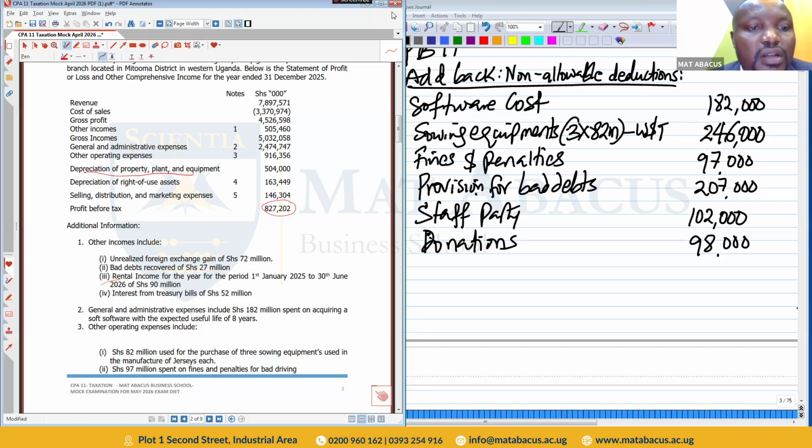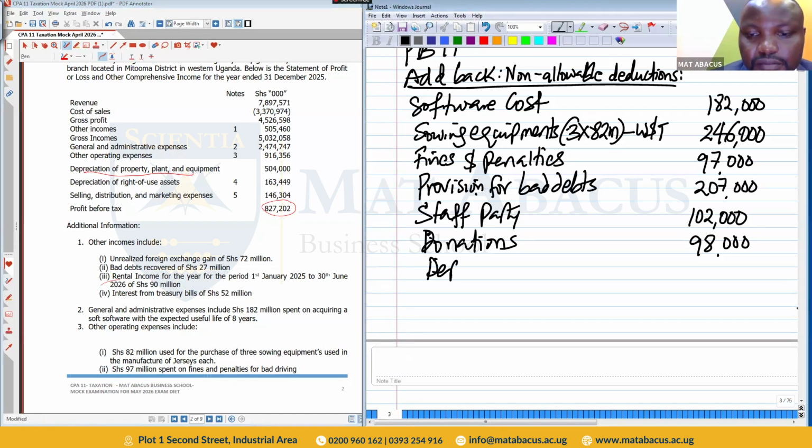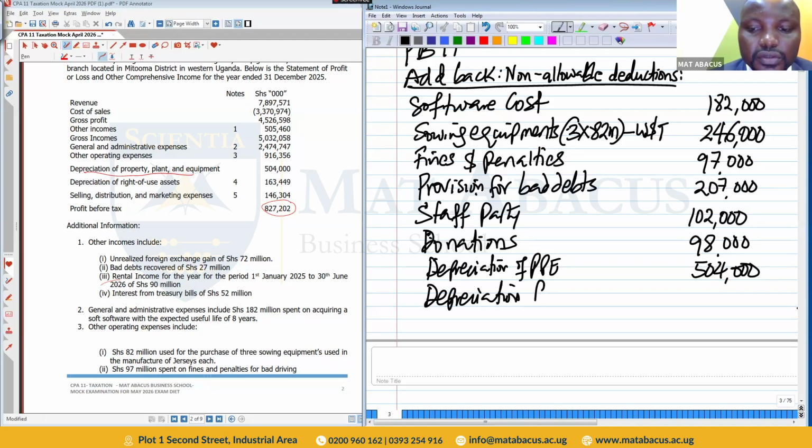Looking at this profit and loss, I can see depreciation of property, plant, and equipment, which we add back, 504,000. We have depreciation for right of use asset, which is 163,449. I think those are the only items included there.